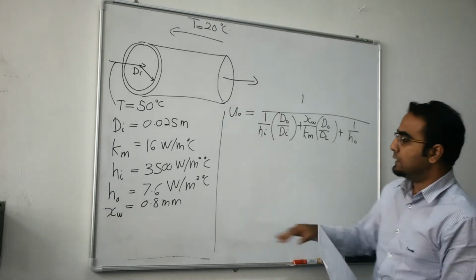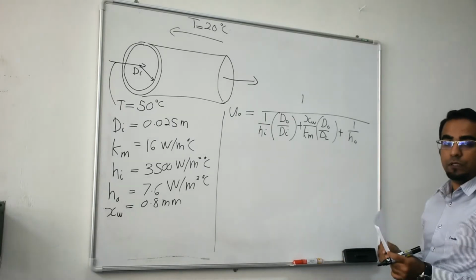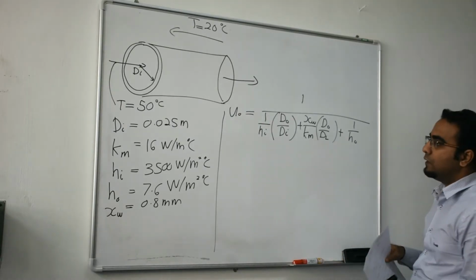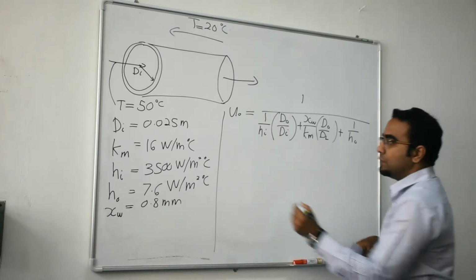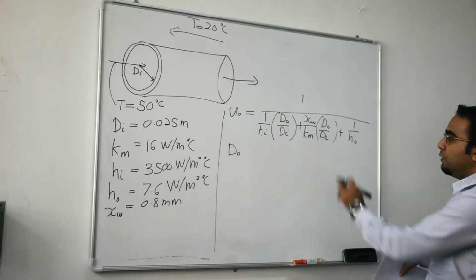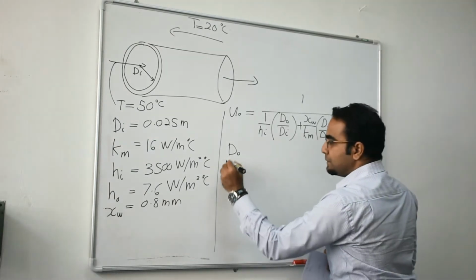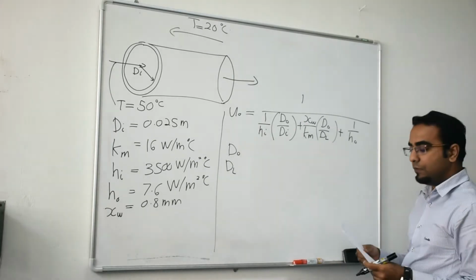If you look at the information that we have and the equation, there is still some information that we don't have. First of all, we still don't know the value of DO, and then we don't know the value of DL. So first, let us see how to calculate the value of DO.